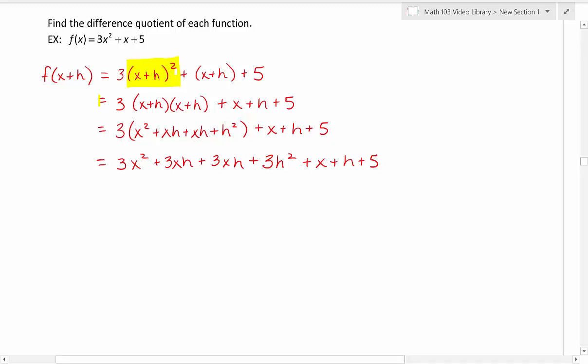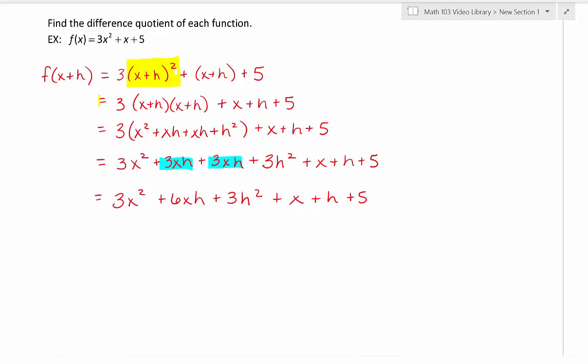Looking for like terms to combine, we have these xh's here that can be put together. 3x squared plus 6xh plus 3h squared plus x plus h plus 5. So that's the f of x plus h.